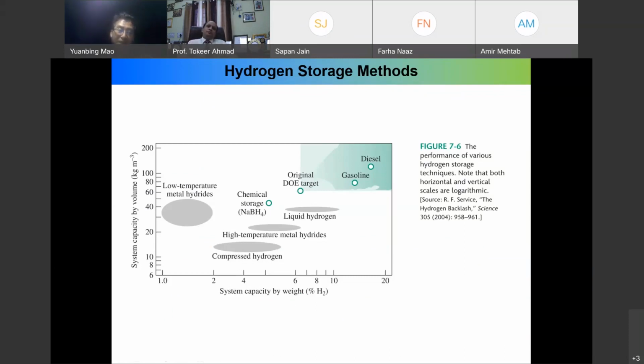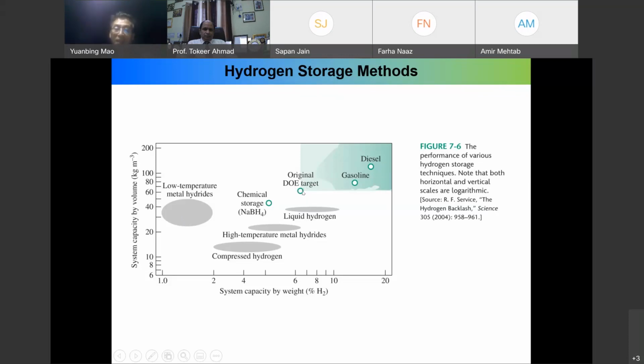It just makes the vehicles much heavier, or they can only go a shorter distance range, right? And then low temperature metal hydrides have good capacity by volume, but the capacity by weight is pretty low. From here you can see that the chemical storage is reasonably good. But the important thing is it doesn't meet the original DOE target.